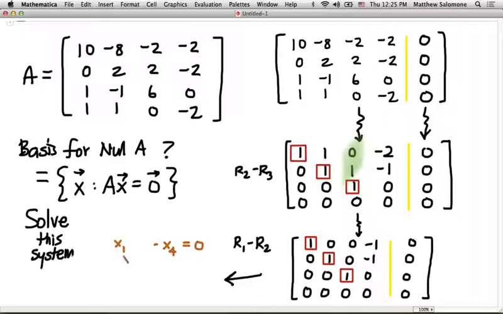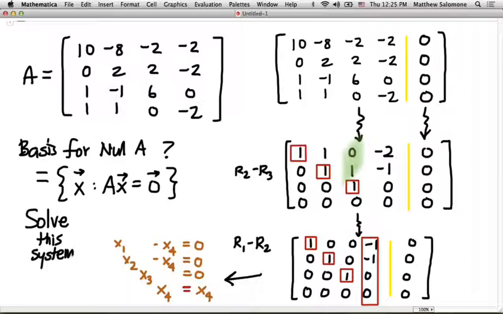Second equation would read x2 minus x4 is equal to 0. Our third equation would read x3 equals 0. And what's our fourth equation telling us? Well, not much, right? 0 equals 0. So instead, what do we say about x4? x4 is free. After all, that was the column that didn't have a pivot. So I'm just going to write that as x4 is equal to x4.